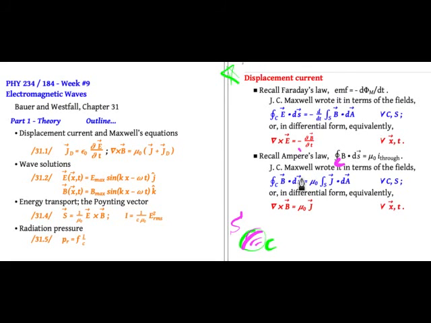Now again, we can rewrite this in the form of a differential equation, a partial differential equation, which has to hold for every loop and for every surface.